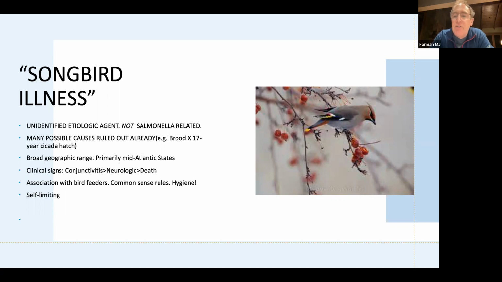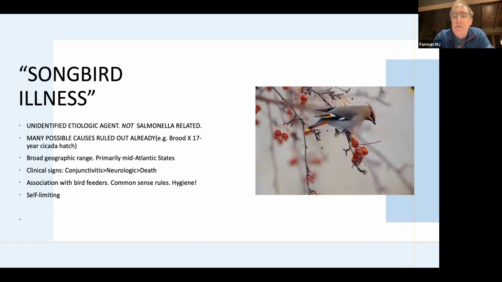So hygiene, hygiene, hygiene. Clean your feeders really, really well. You want to actually sweep up, if you can, any of the seed hulls and extra seeds that are below your feeders, because like we talked about before, that can be a potential means of transmission as well. And you really can't overdo hygiene.